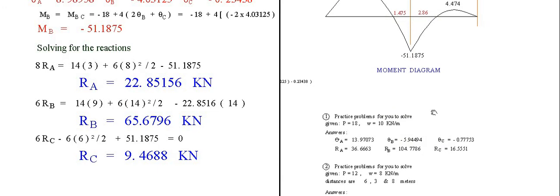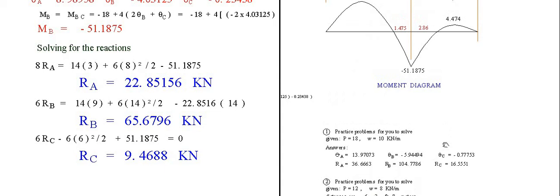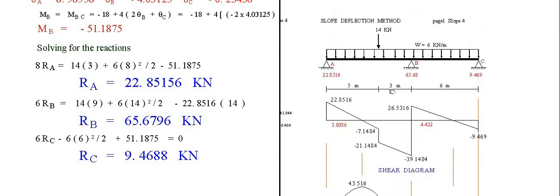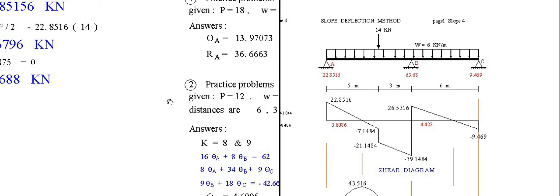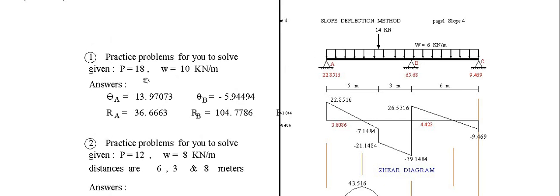Then I will challenge you to solve the problem given the same figure. Then change the P, instead of 14 make it 18. Then W, instead of 6 make it 10.